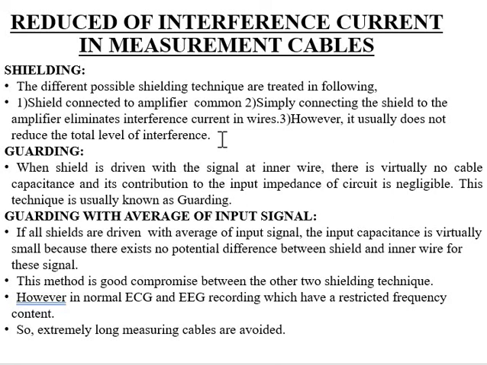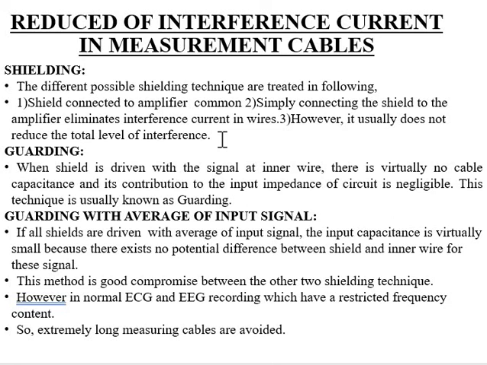This creates a virtual capacitance between the input impedance of the circuit, that is between the cable and the wire. With this we can adjust the input impedance, and it can be made negligible.